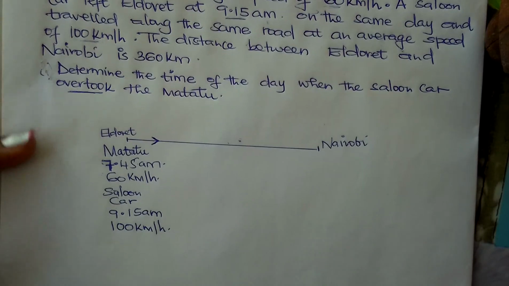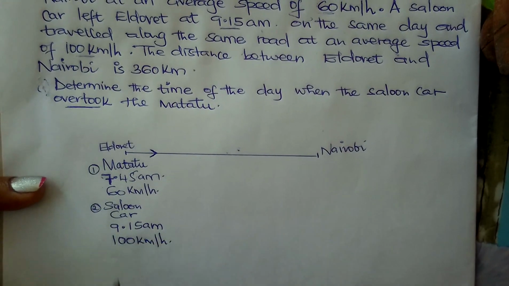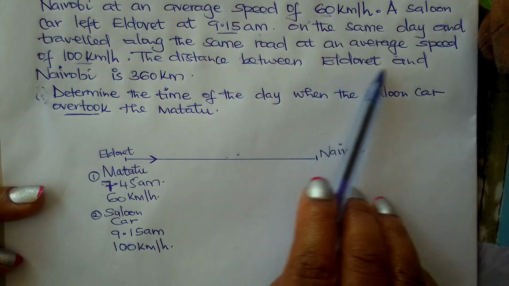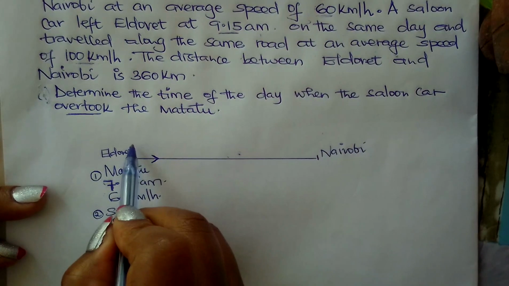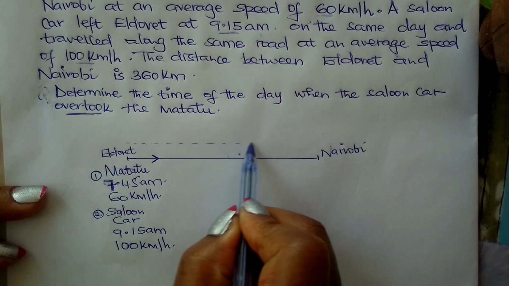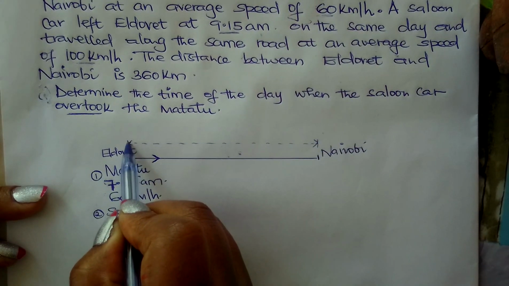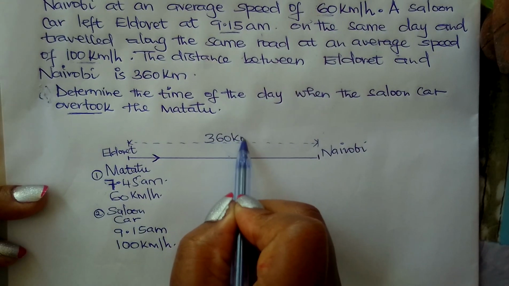So you write those details there. You have the matatu and you have the saloon car. The distance between Eldoret and Nairobi is 360 kilometers, so you come and indicate this distance here.